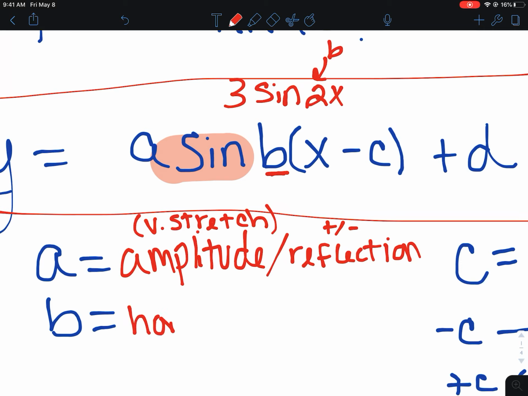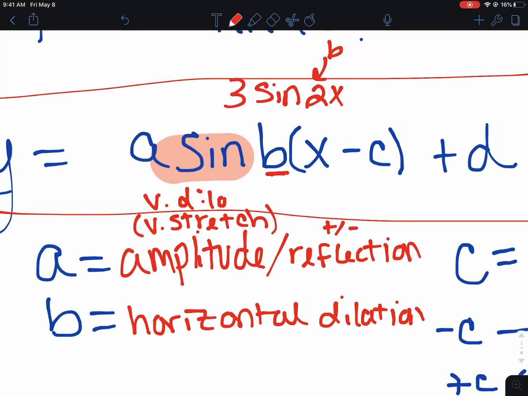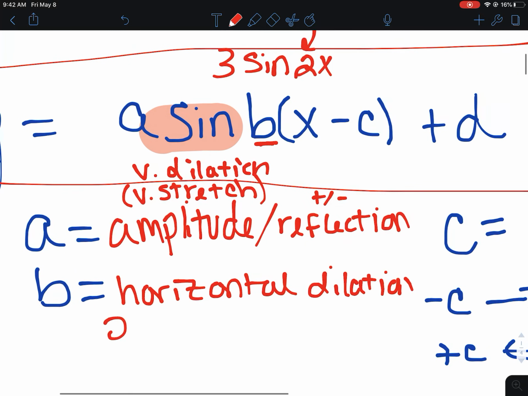And that is how you get your period, right? So that's really the horizontal dilation. And I guess above I should have said vertical stretch or compression. It's really the vertical dilation there. Doesn't just have to be a stretch.